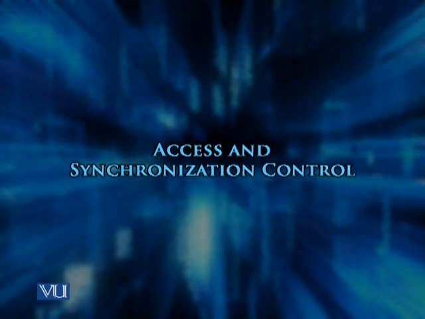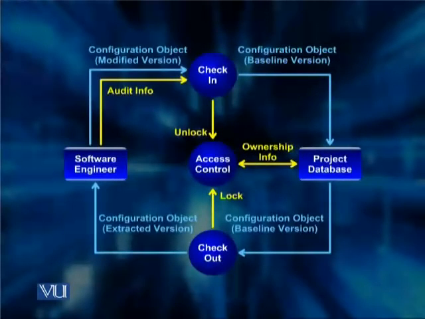Now, you are looking at the access and synchronization control. This picture shows you how the access control procedure authorizes and manages the check-in and check-out requests by a software engineer for a configuration item, which is stored in the project database.